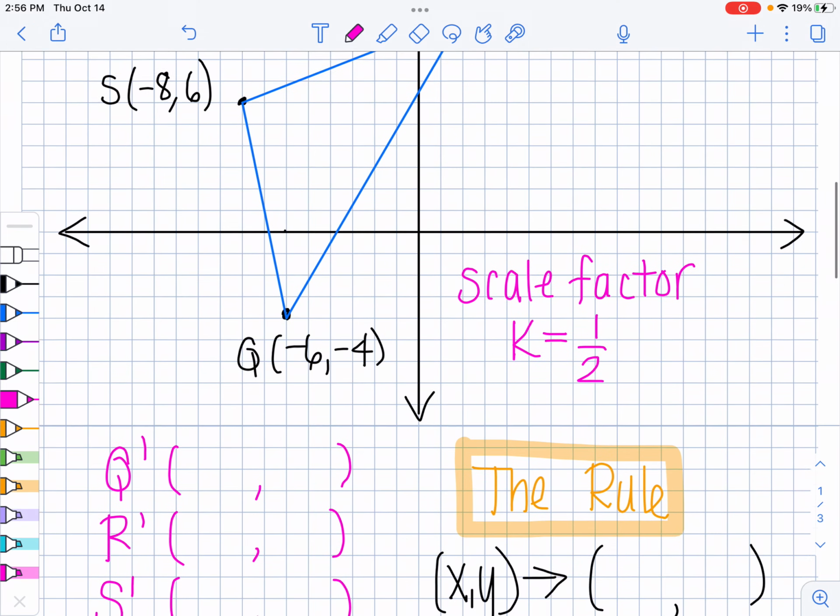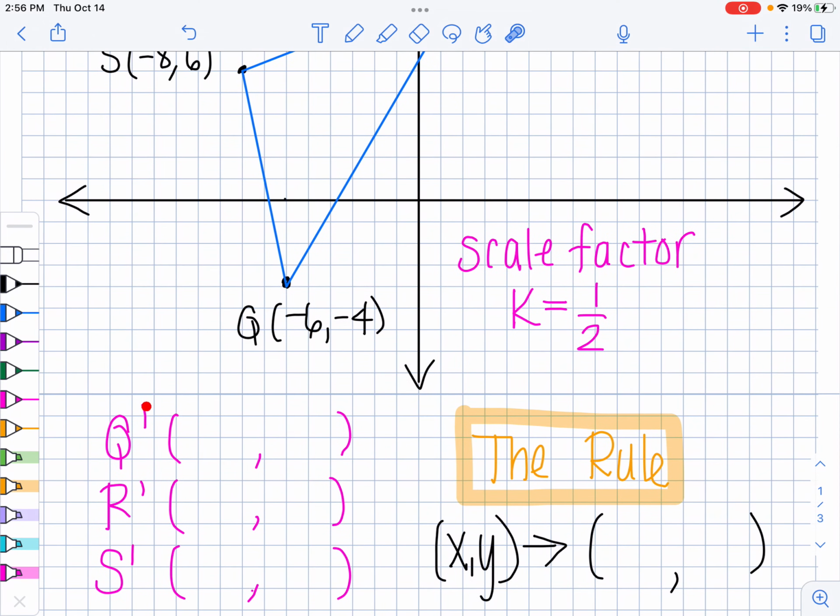To indicate a new point, we use a mark that looks like a comma, but we say it as prime. So this is said Q prime, and Q prime means my new point of Q.